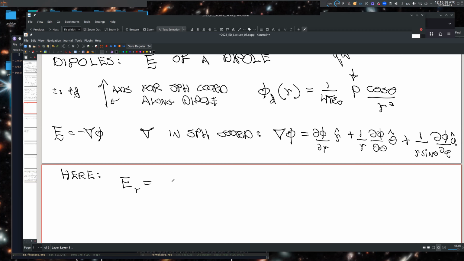Yeah, so let's do it straight, right? I have to take the r derivative of this and put a minus sign. I've got r to the power of minus 2. So then I pick up a minus 2, but then there's a minus sign, so it's a plus 2.